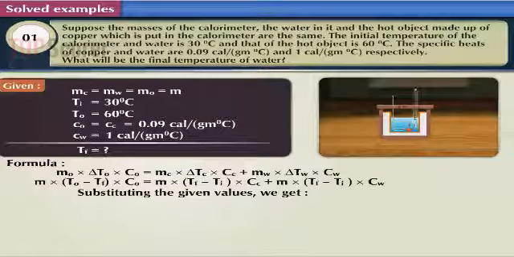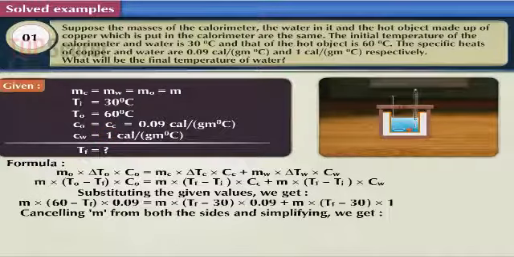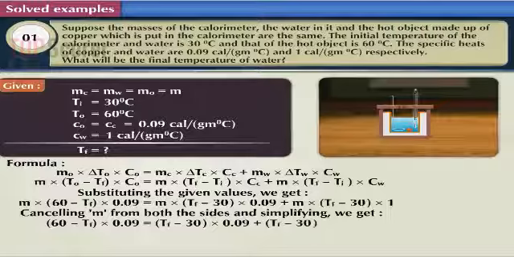Substituting the given values, we get M into (60 minus Tf) into 0.09 is equal to M into (Tf minus 30) into 0.09 plus M into (Tf minus 30) into 1. Cancelling M from both the sides and simplifying, we get (60 minus Tf) into 0.09 is equal to (Tf minus 30) into 0.09 plus (Tf minus 30).